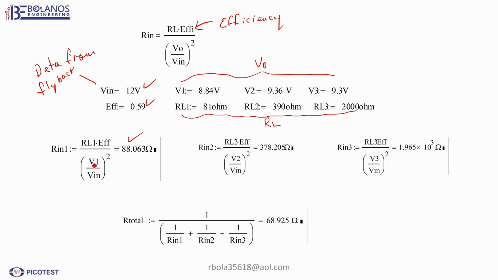Okay, so here I'm using the same equation that I used up there, except that now I'm accounting for efficiency right here. This is because of the power losses, so this is going to be efficiency.